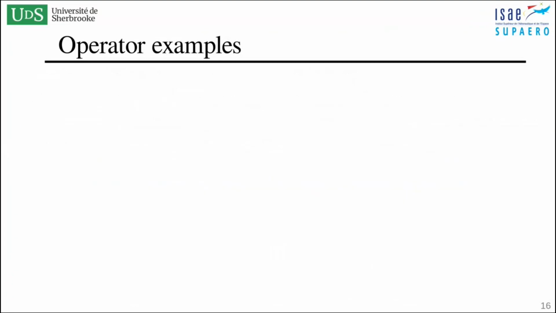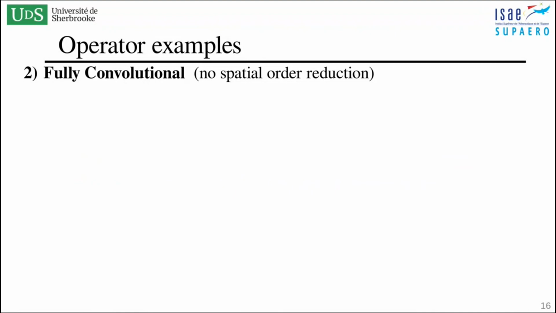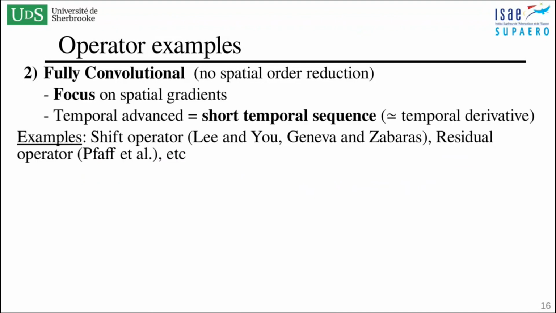Another option then is to keep the convolutional approach for the whole time, and therefore there is not going to be any spatial order reduction. And this will help us focus on the important thing, which is actually the spatial gradients. And for the temporal treatment, we will use only short temporal sequences. And therefore, we are actually just approximating the temporal derivatives, which do not require long sequences.